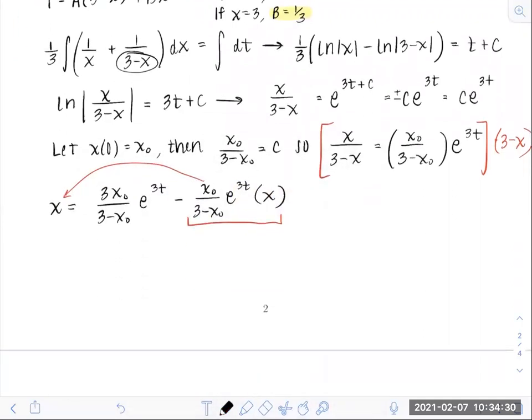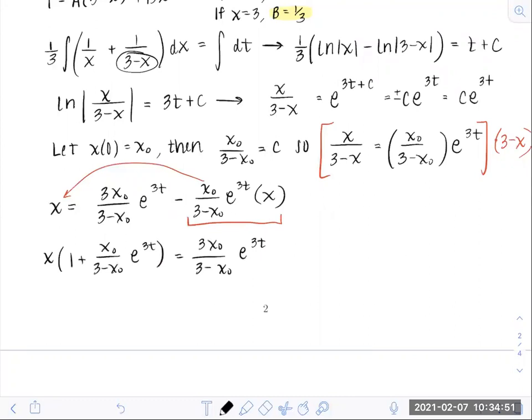So what I get here is X times 1 plus X naught over 3 minus X naught e to the 3t equals just that single term over on the other side, 3X naught over 3 minus X naught e to the 3t.